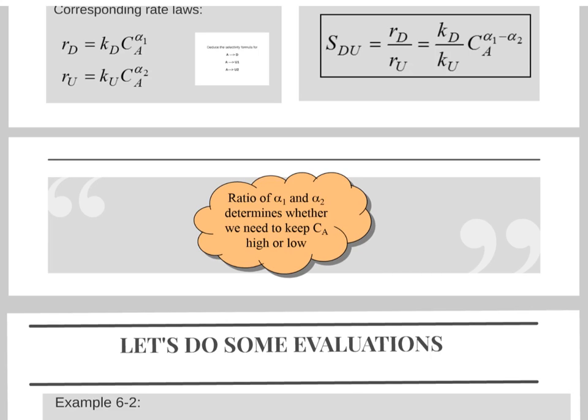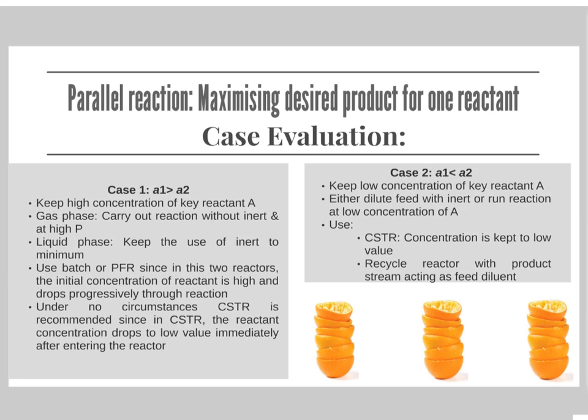What is highlighted here is that the relationship between alpha 1 and alpha 2 determines whether we need to keep CA high or low. So how are we going to do that? Imagine there are 2 cases right now, for one reactant.